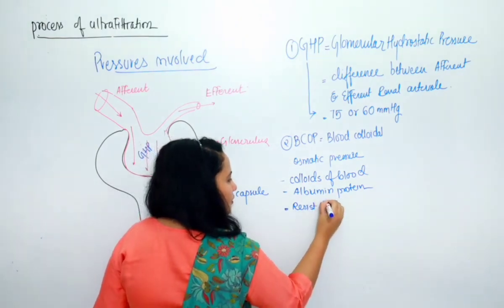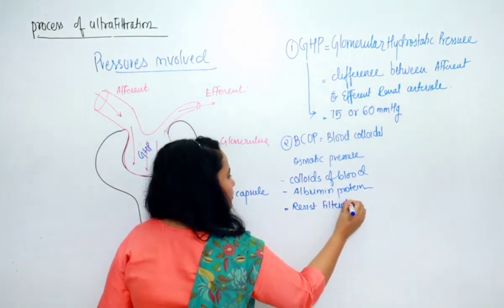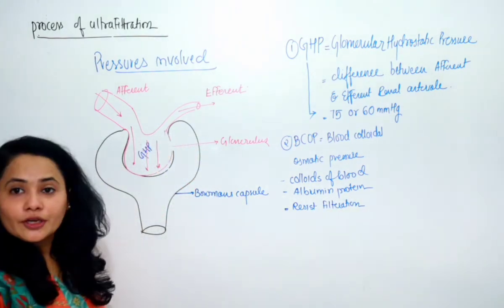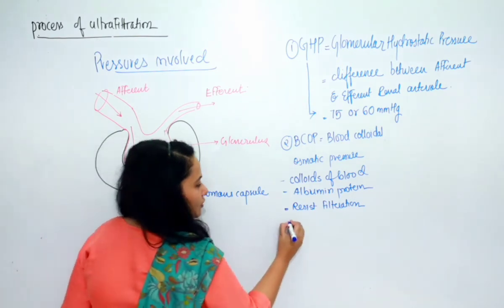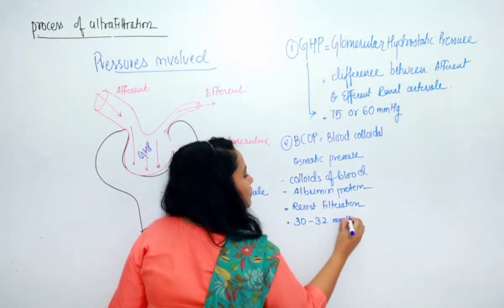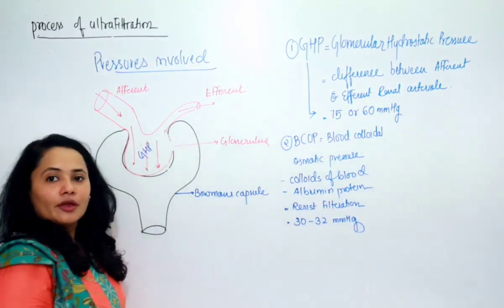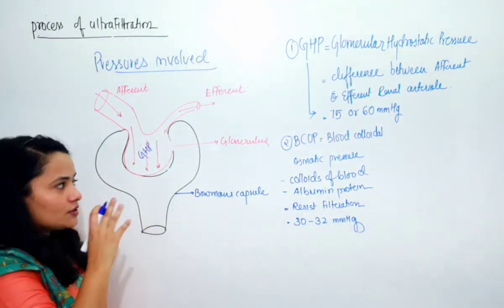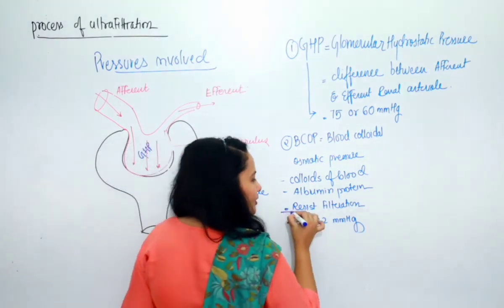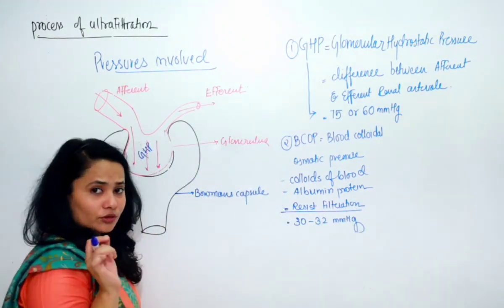The amount of this is something around 30 to 32 mmHg. So this much is the blood colloidal osmotic pressure. Remember that it resists filtration. This is important. It resists.